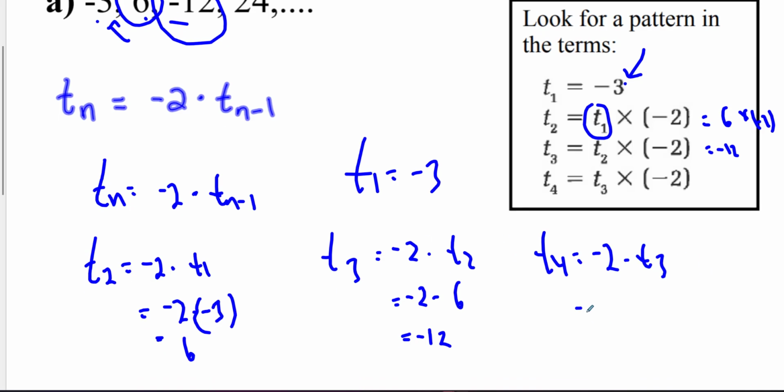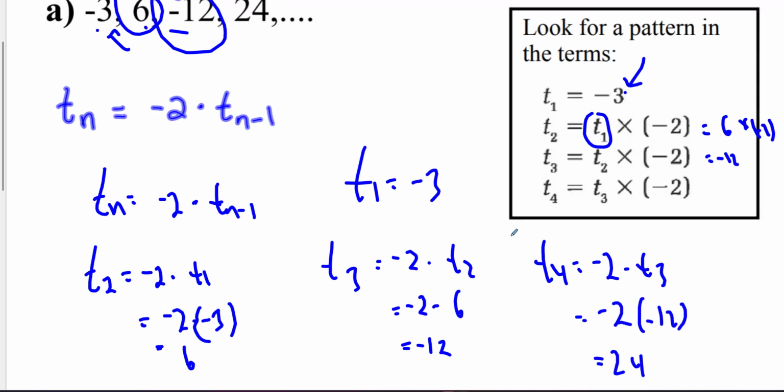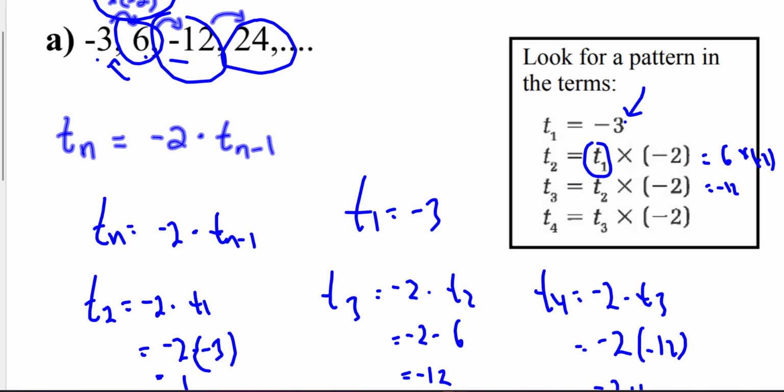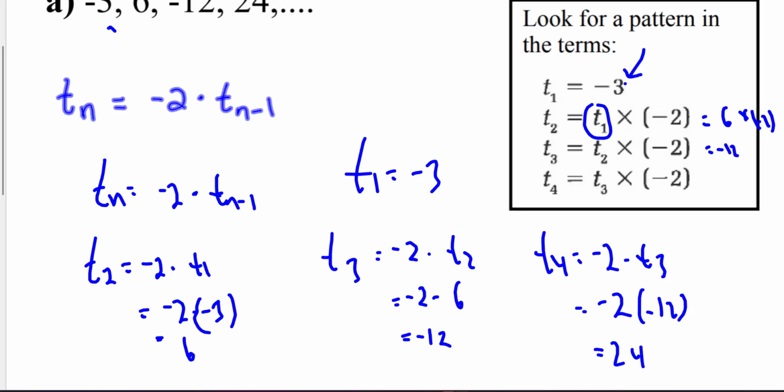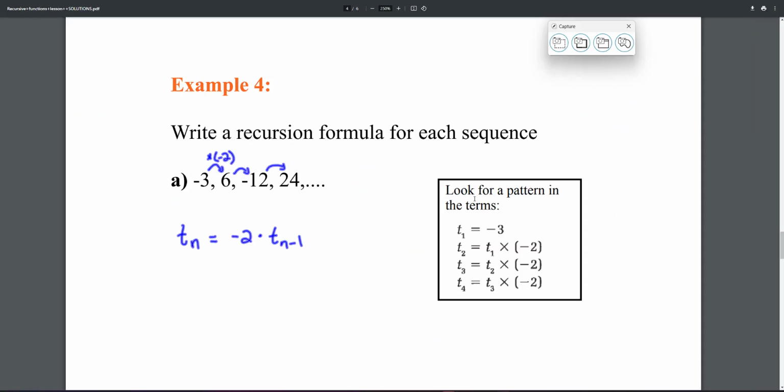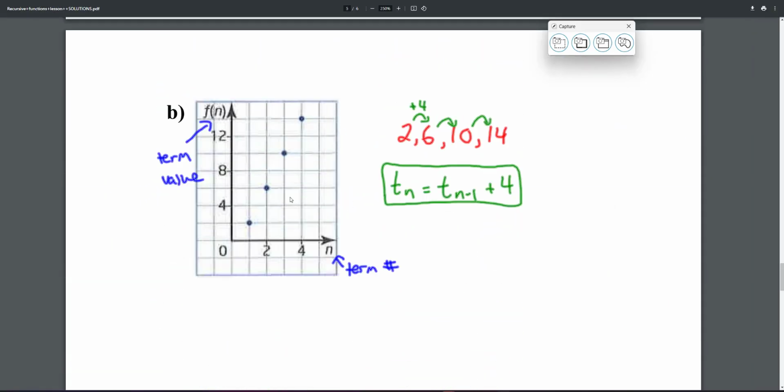And the fourth term, the way we've written our equation, is -2 times the term before it, which is the third term. -2 times -12 is +24, and yes, that is also the case. So we got our equation. So yeah, there we have our recursive formula.